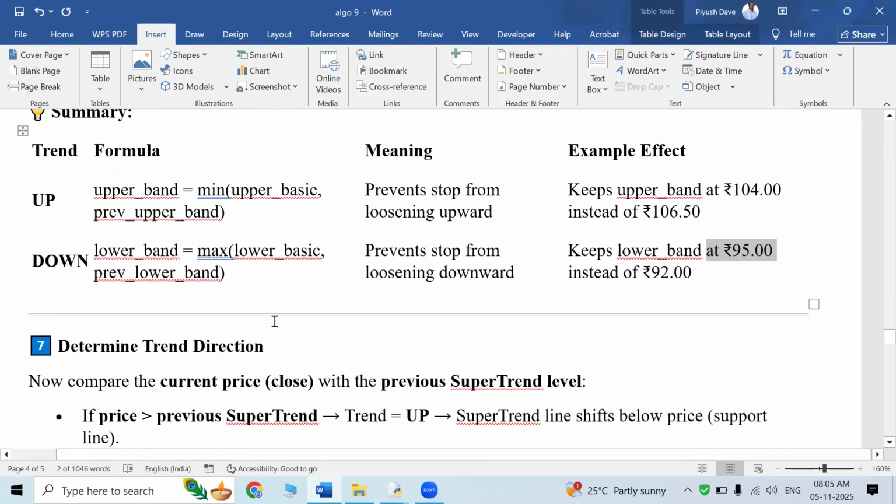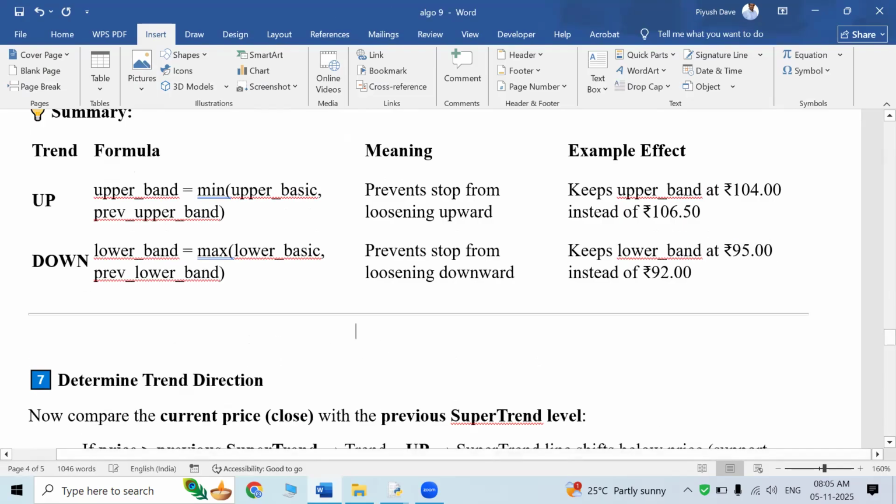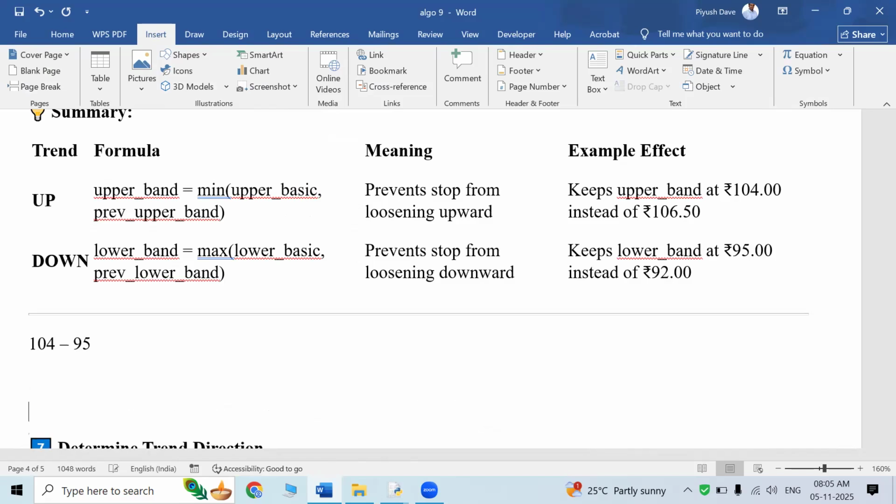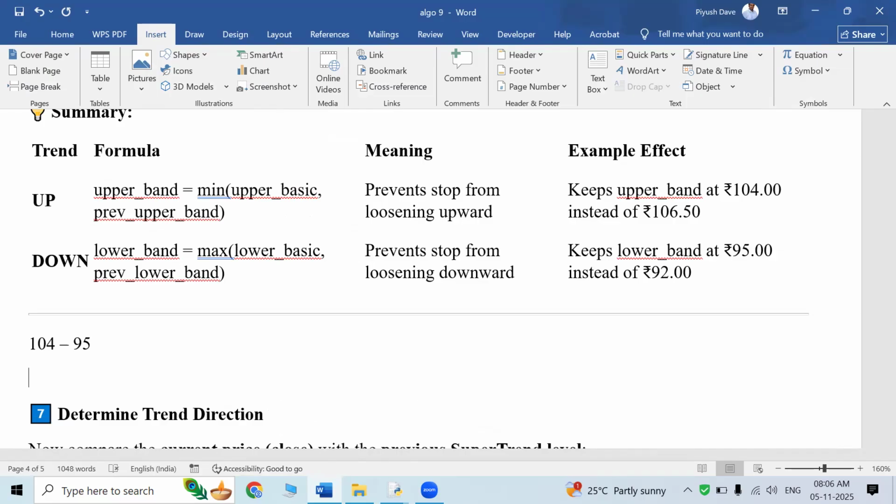Okay, let me write it down so it will be really clear to you. So the previous band was 104, and 95 was the value. Okay, this was a band, for example. And there's a price change, and we got the new band as upper side 106 and lower side 92.